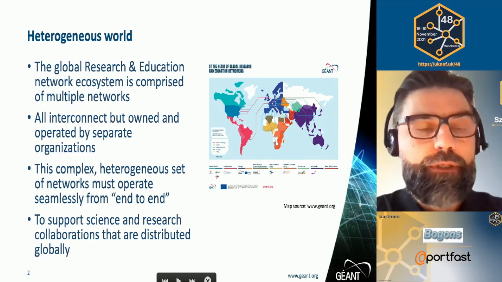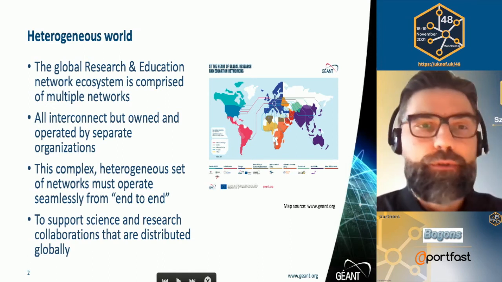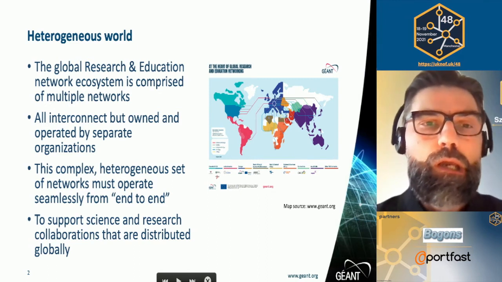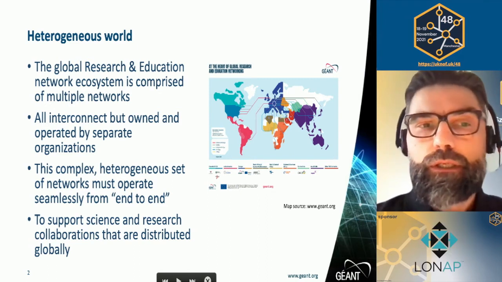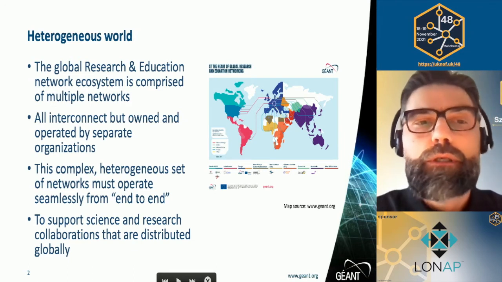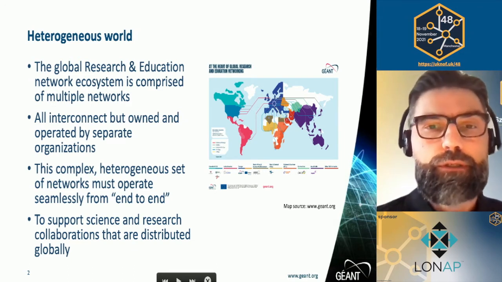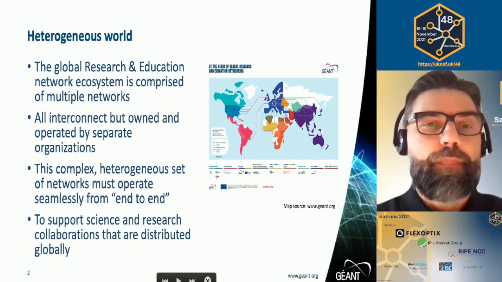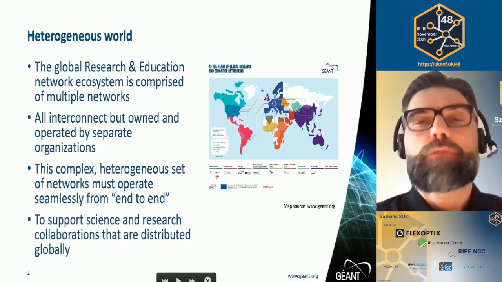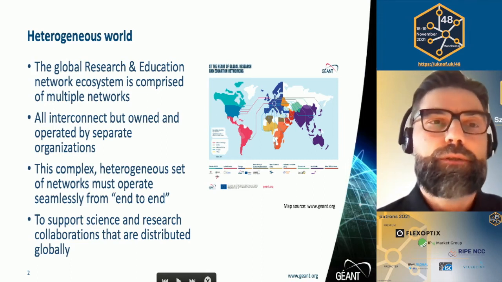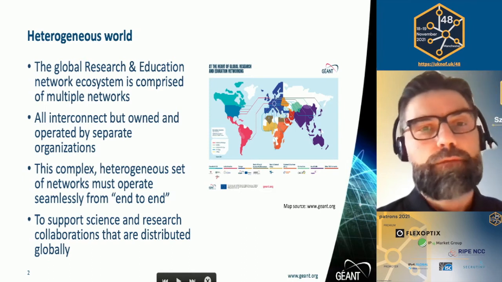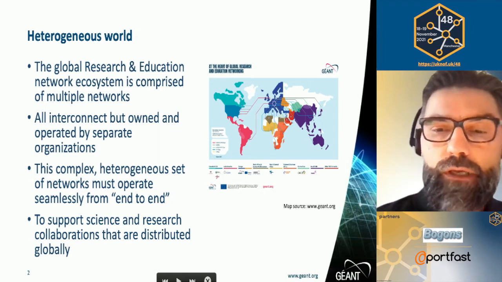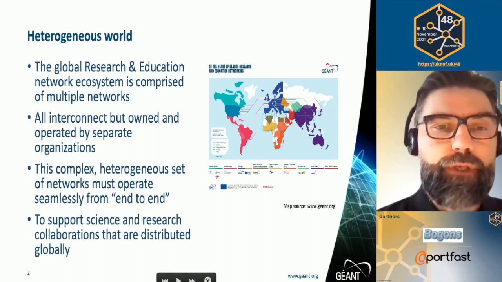Such a network ecosystem, which includes the NRENs, but also commercial operators, consists of multiple networks, and all of them interconnect, but at the same time, they are owned and operated by different organizations. We usually, in our environment, call them domains, and they are operated not only by different organizations, but they also are built in a different way. They have different architectures. They use different interface speeds. They have different policies configured.